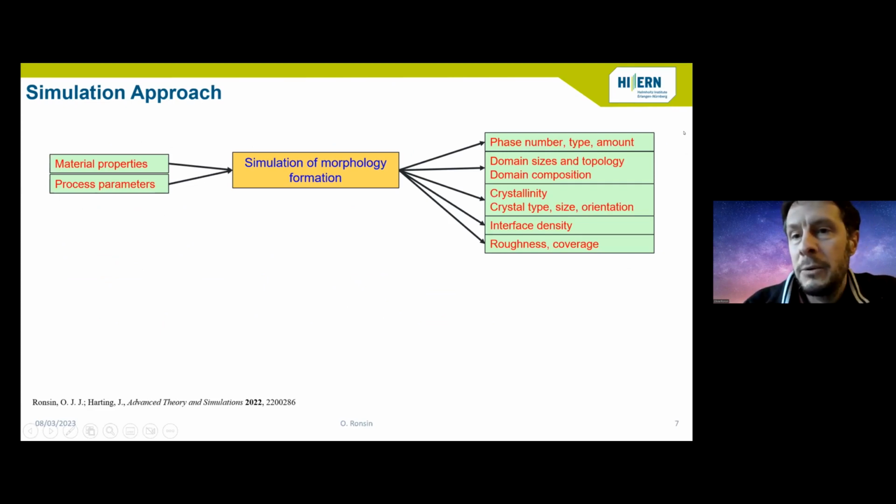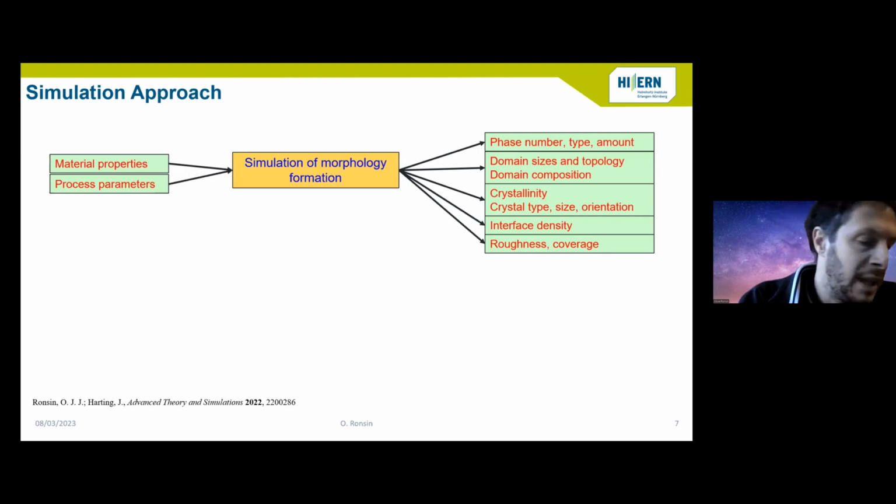And we want to characterize the morphology in terms of the number of thermodynamic phases that are there, their type, their amount, also the domain sizes, the topology, the composition of the separated phases. If there are crystals, of course, the crystallinity, what kind of crystals we have, their orientation, their size. The interface density is also important.